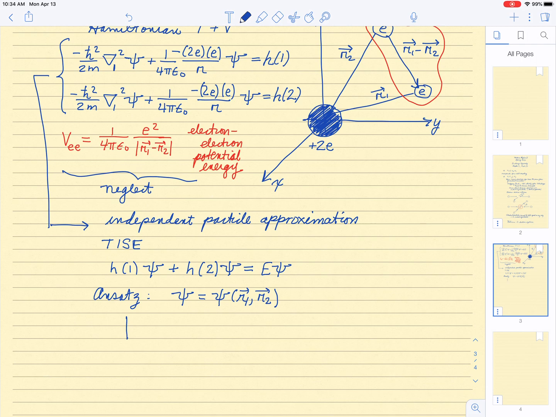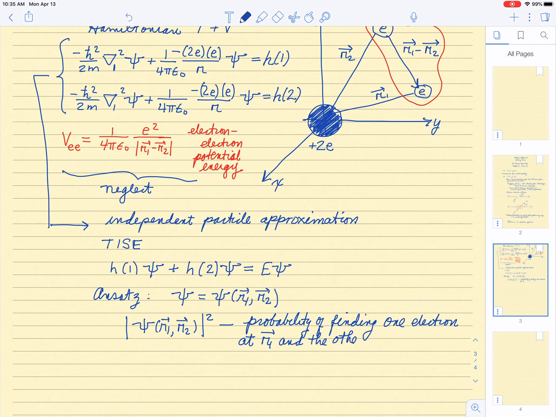And clearly, then, the absolute value of psi(R1, R2) squared is going to represent the probability of finding one electron at R1 and the other electron at R2 at a given time.